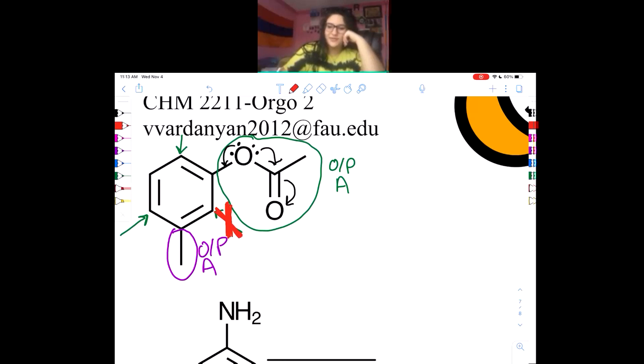And I can repeat that for you guys because I know there was a lot of noise in the background. So even if the directing group directs between 2 substituents, that will never happen because it's too sterically hindered. So for the purposes of this class, you're never going to add a 3rd substituent in between 2 groups that already exist on the benzene ring.